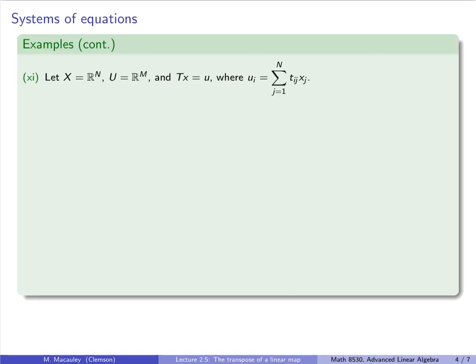Remember, I've used m as LT. So I don't want to reuse that for this. Okay, so suppose that Tx equals U, and again, each Ui is a linear combination of the xi's. So I'll write this.